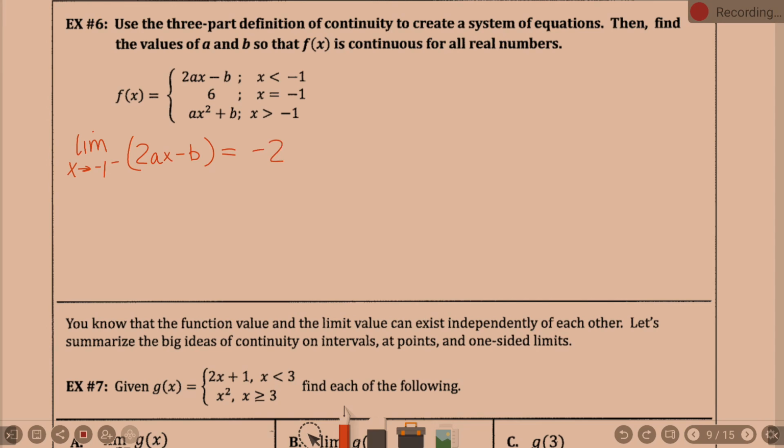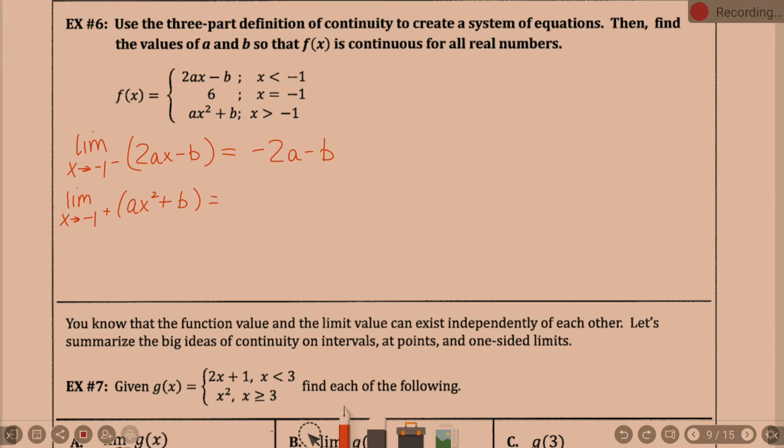Because it said to create a system of equations, here's one equation. Now, the limit as x approaches negative 1 from the right. Now I'm looking when x is greater than negative 1, and so now we're using ax squared plus b.